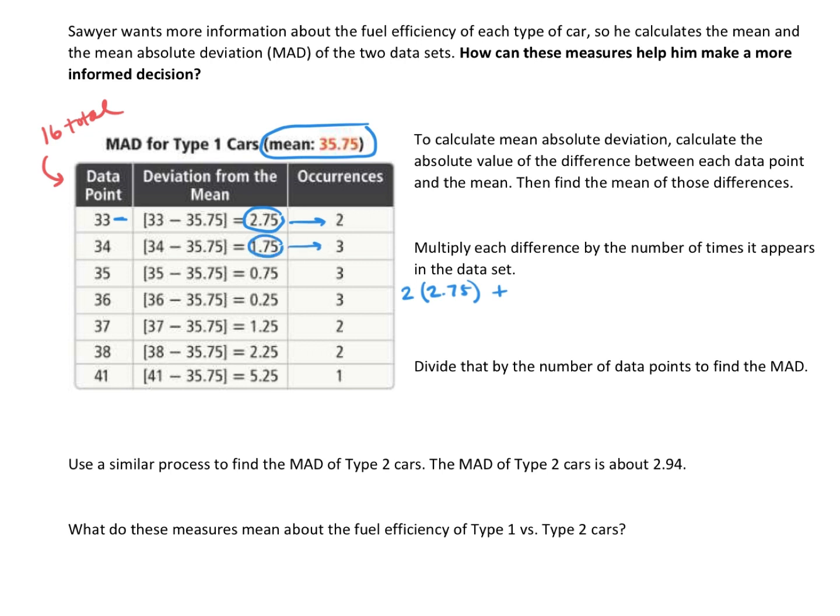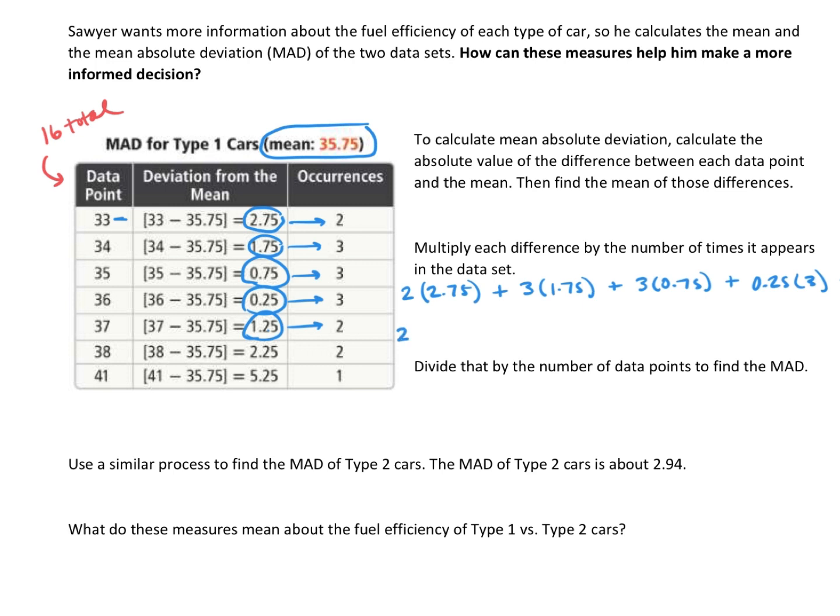There were 3 occurrences of that, so 3 times 1.75 plus this difference 0.75 happened 3 times. So 3 times 0.75 plus 0.25 times 3 plus this 1.25 times 2.